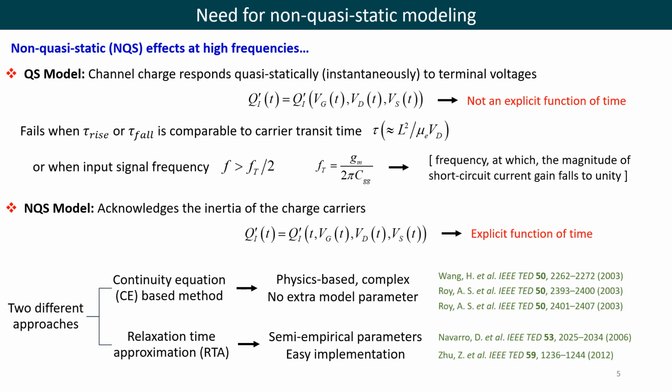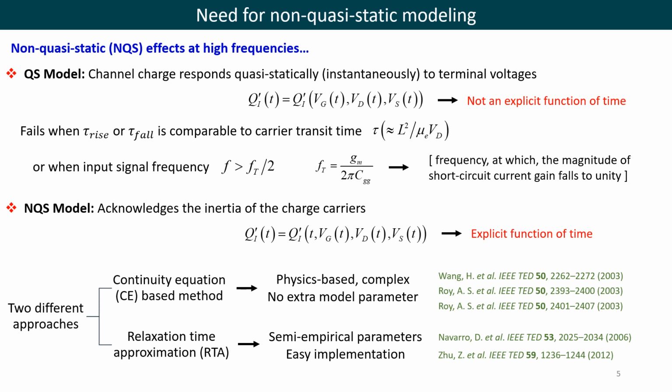Under this quasistatic approximation, the channel charge can respond to the variations in the input terminal voltages quasi-statically, or better to say, instantaneously. But this approximation vigorously fails when the rise time or the fall time of the input signal becomes comparable to the carrier transit time from source to drain, or even when the input signal frequency becomes greater than half of fT.